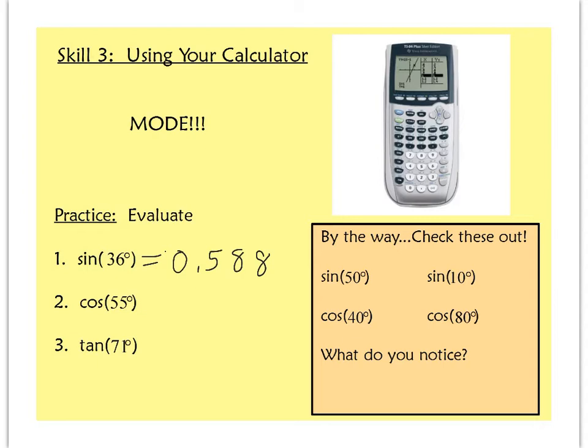We're going to hit cosine 55, close your parentheses. Again, we don't need the degree symbol, and it's going to equal 0.574. Generally, the third decimal place is enough to round to, unless you're told to go to a different one. That's always the rule. Go to the third decimal place unless you're told otherwise.